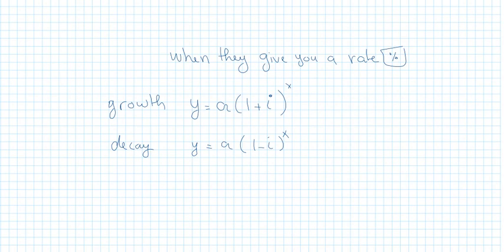What does a represent? In both equations, a represents your initial value. Your i is the growth or decay factor, it is your rate. So it's the rate that they give you in percent.